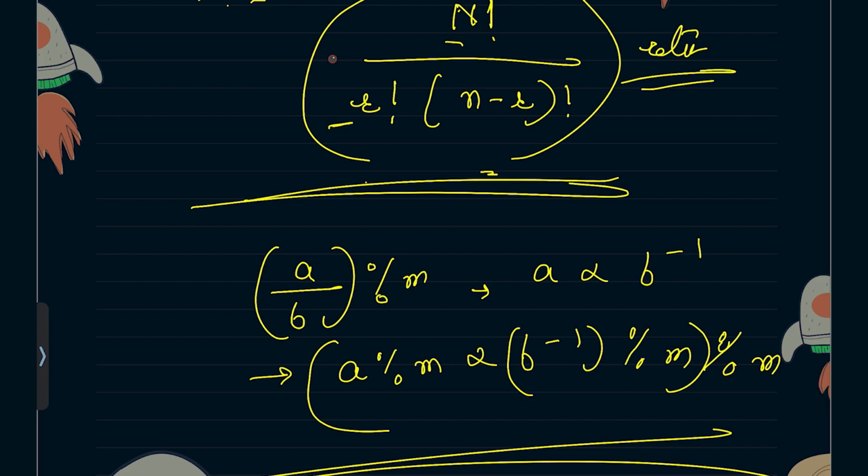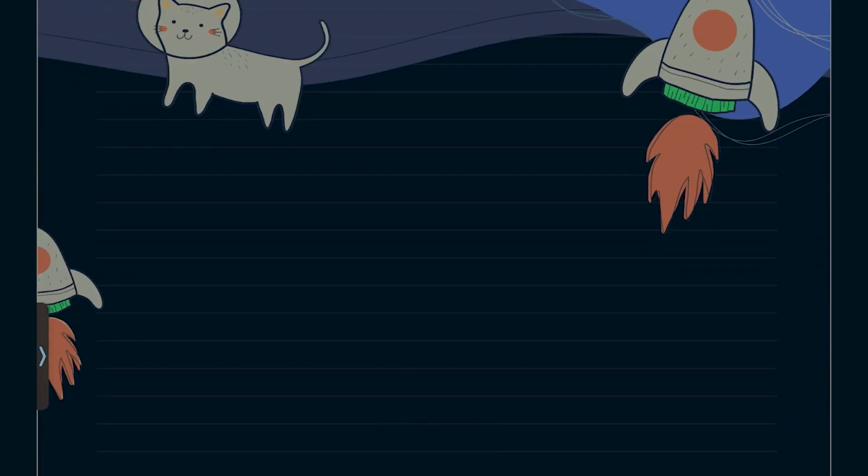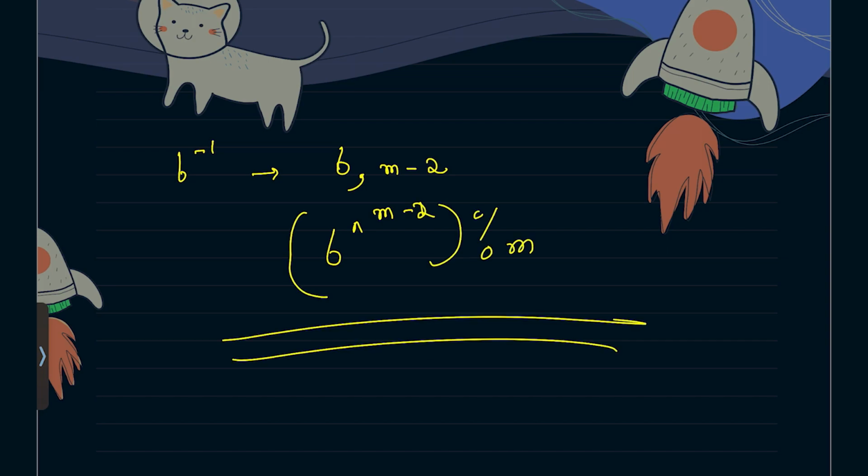Else, in a nutshell, if we have a modulo with a prime number, what we can do is calculate the value of b inverse. b inverse is nothing but b raised to the power modulo minus 2, taken modulo the prime, and this is the solution.